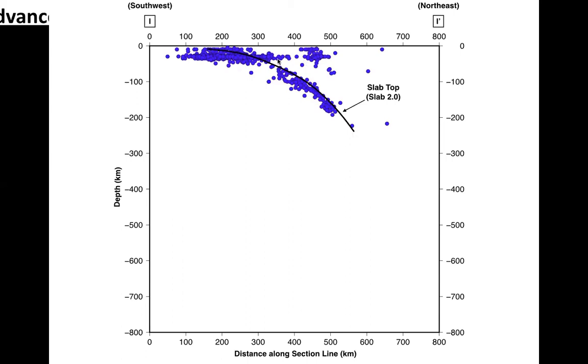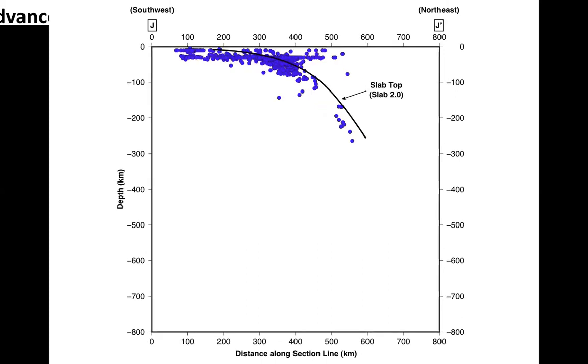And also, just north of this location, a prominent slab tear has been proposed to exist, likely due to this increasingly oblique motion. As we move to the north of this, the orientation has changed again, seismically active to a little bit deeper, and the geometry indicates a steeper dip.